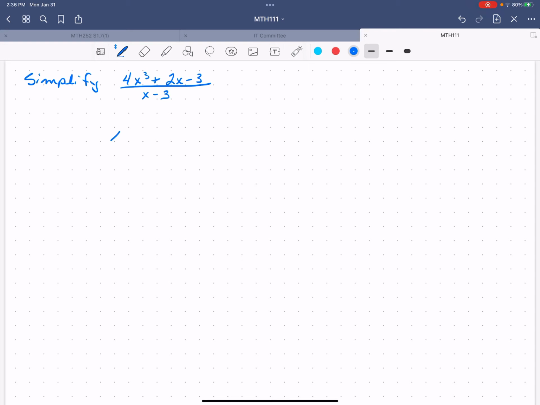So if we're going to do this with long division, we would write down an x minus 3, my division symbol, 4x to the third plus, now I don't have an x squared, so I put in a 0x squared as a placeholder, plus 2x minus 3.